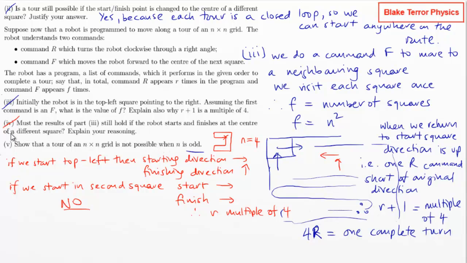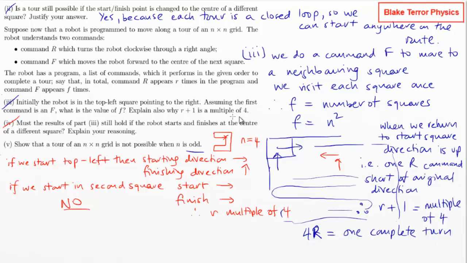Right, the last part, we're now allowed to have odds, and it's got that in the question. Show that a tour of an n by n grid is not possible when n is odd. We need to consider what we just worked out here.